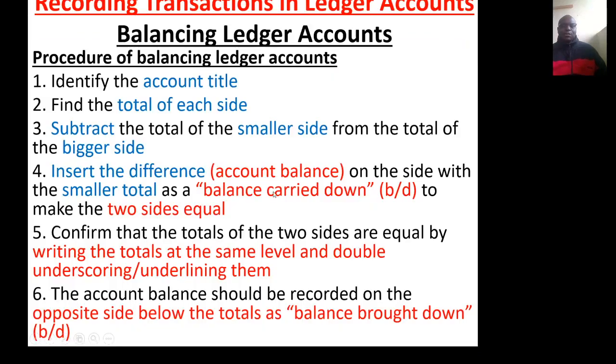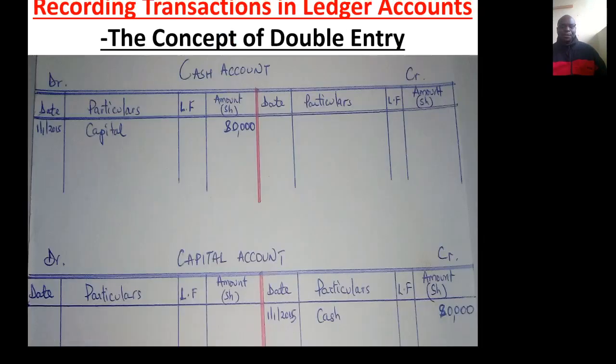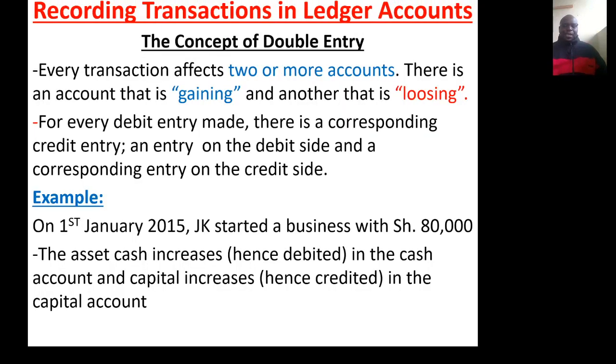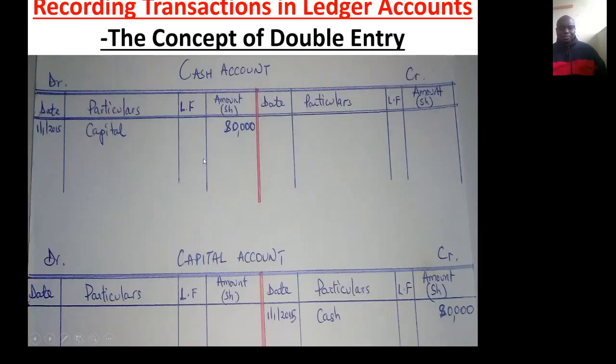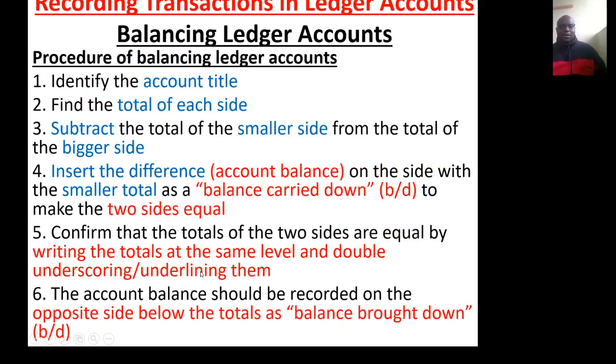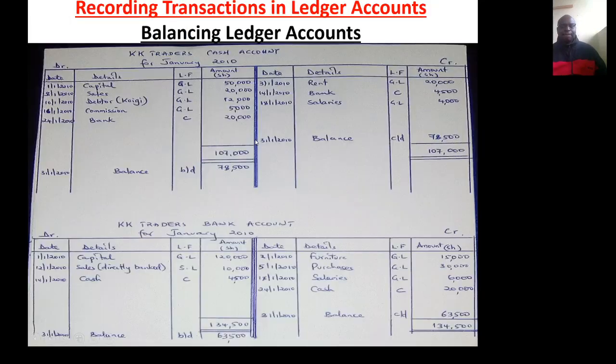So the procedure of balancing the ledger accounts: you identify the account title. Here we have the statement or the transaction. We identify the accounts involved. In our case here, we have the cash account and capital account. Then find the total of each side.